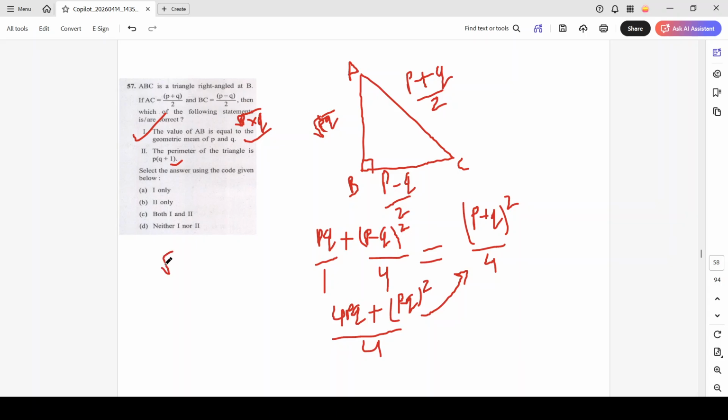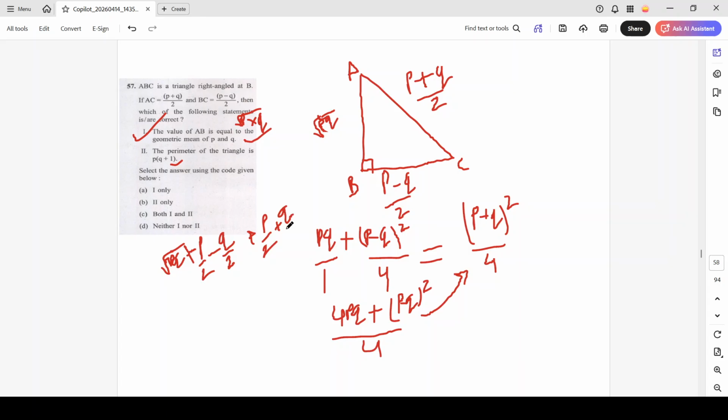If we see what will be the perimeter: root PQ plus P minus Q by 2 plus P plus Q by 2.